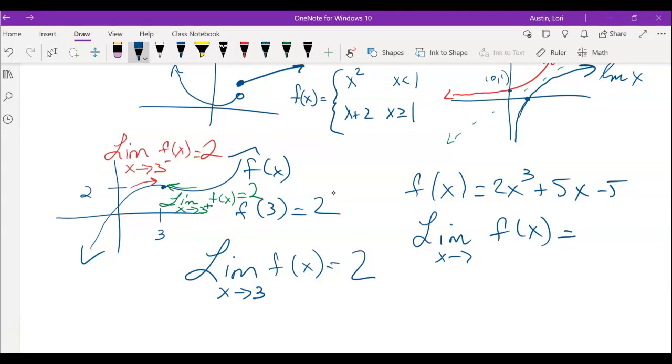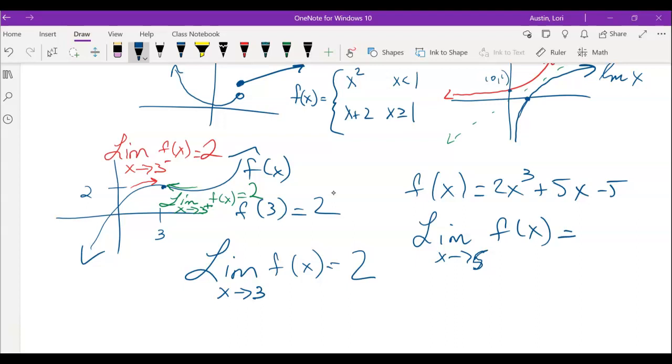Let's use 5. Here's what's nice. You now know that's a polynomial. To get a limit of a polynomial, all I need to do is plug it in.